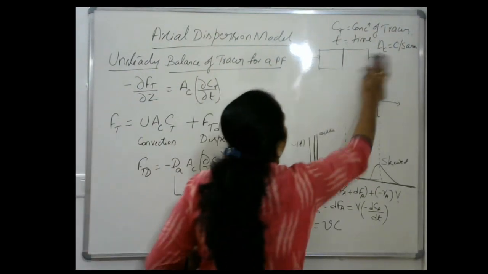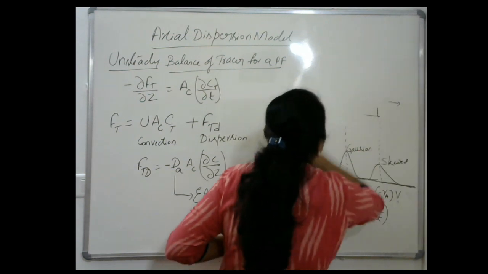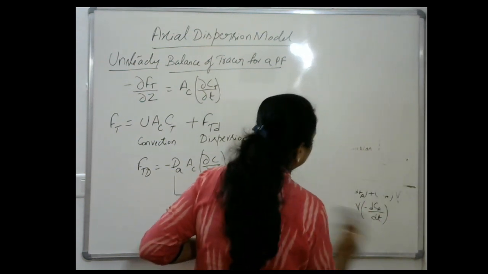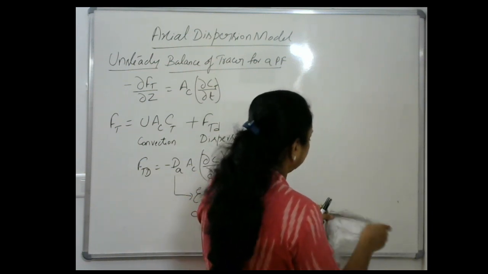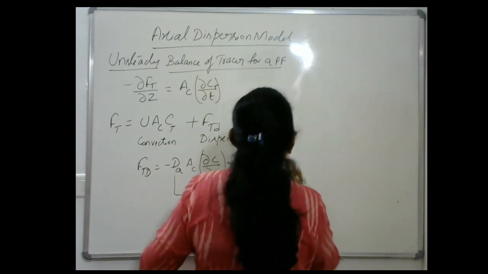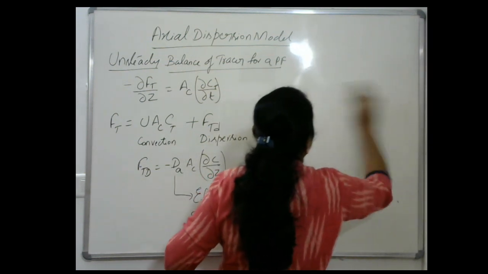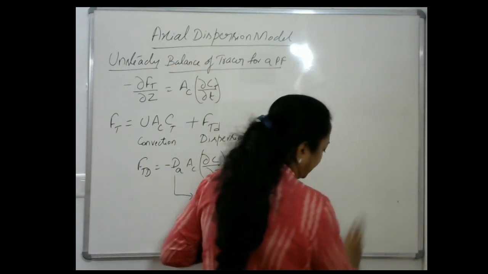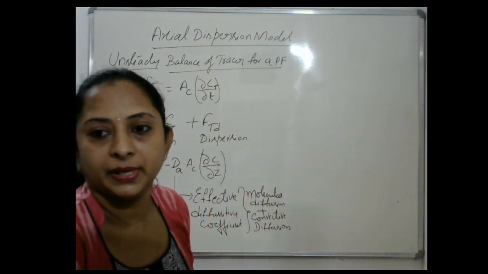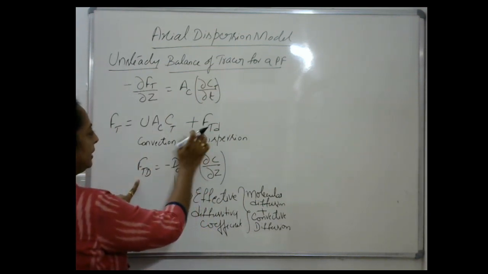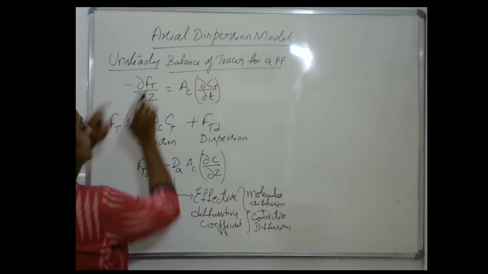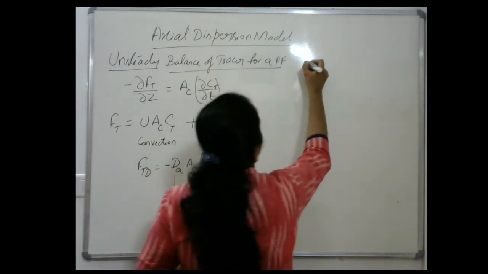Now, let me rub this part. Next step, what I'll now do is, see, this FTD I'll substitute here, and this total FT I'll be substituting here.